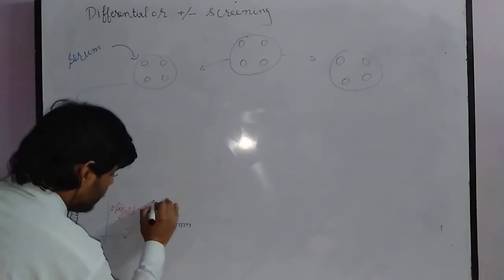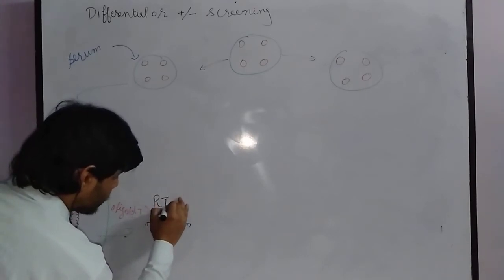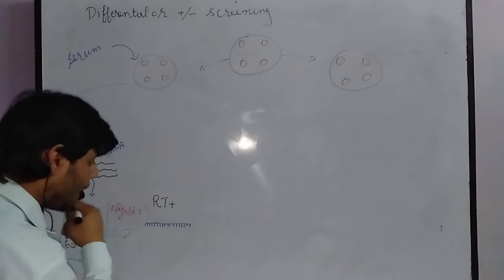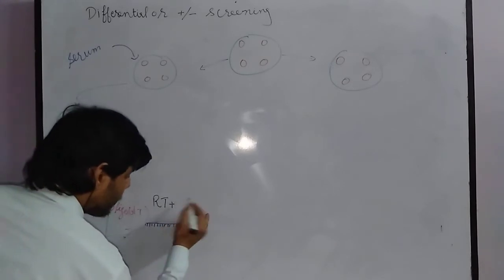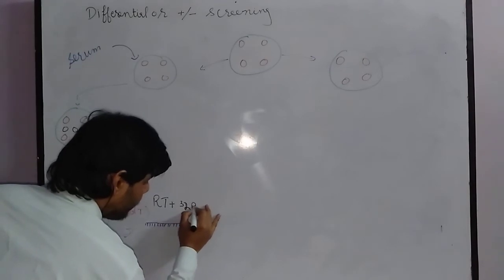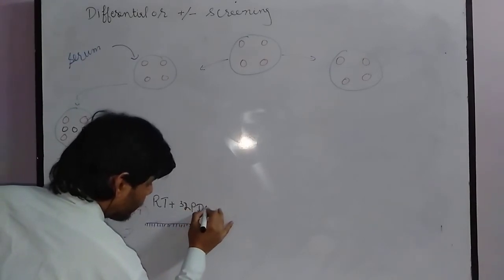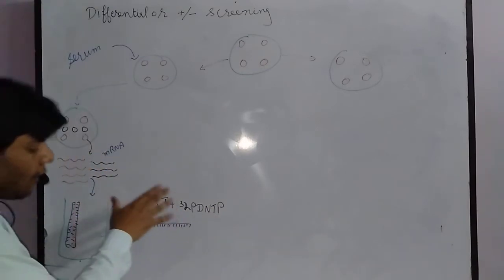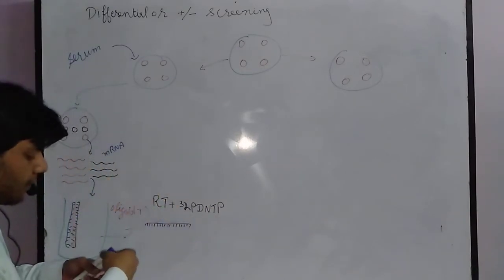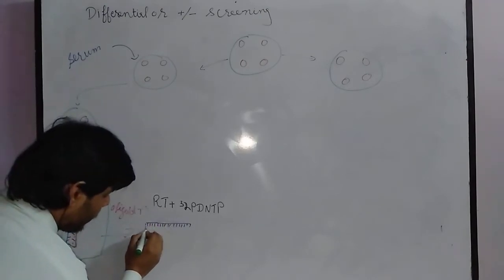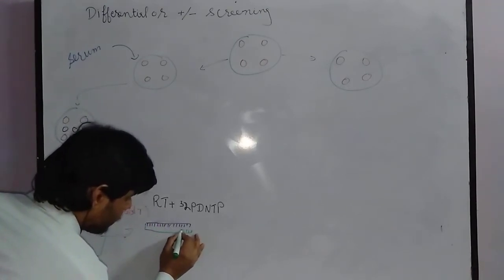Let's suppose this is the reverse transcriptase enzyme, plus having all the 32P nucleotide triphosphate. Then with the help of this reverse transcriptase enzyme, we will get the complementary of this mRNA, as you can see.